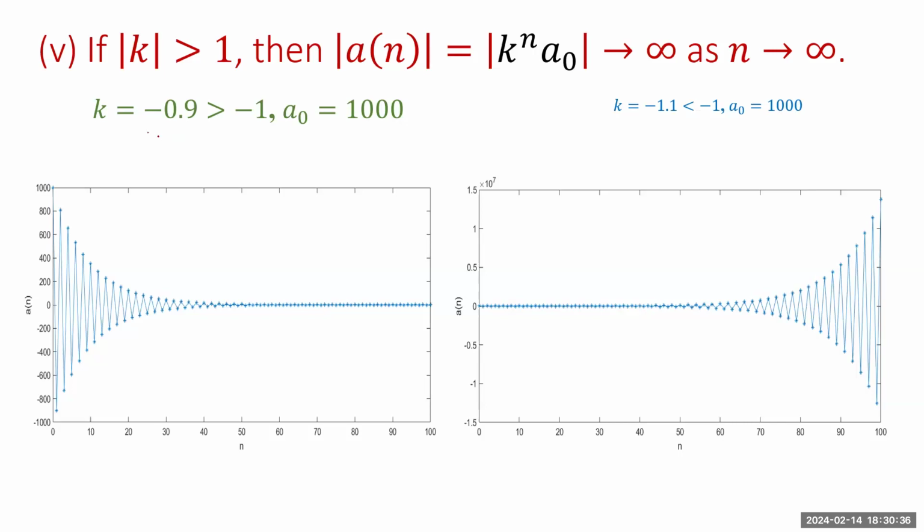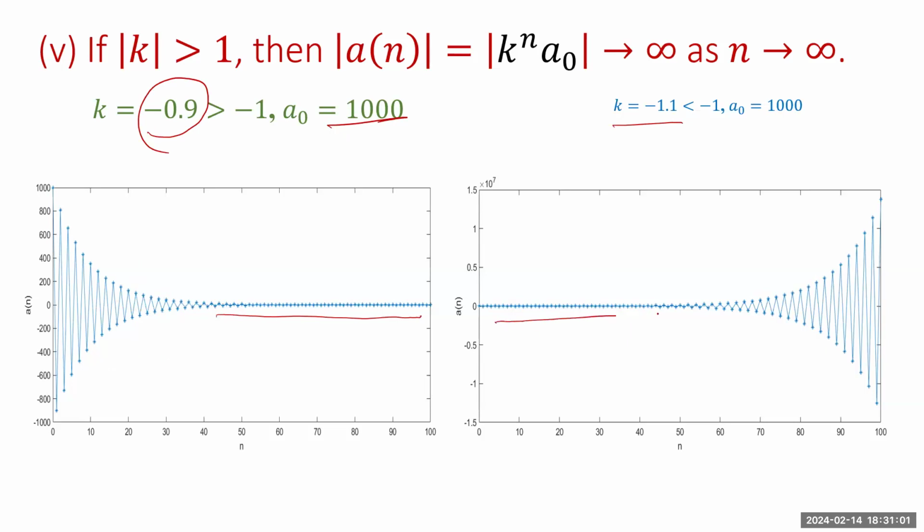Suppose you take -0.9, which is greater than -1, and a naught is equal to 1000, and here k is equal to -1.1, and mod k is greater than 1, then the values in the beginning are oscillating in the negative, periodic, and then gradually vanish.